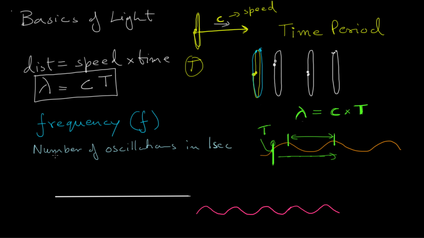How many oscillations does a particle take in one time period? One oscillation, right? Because the time period is the time for one oscillation.